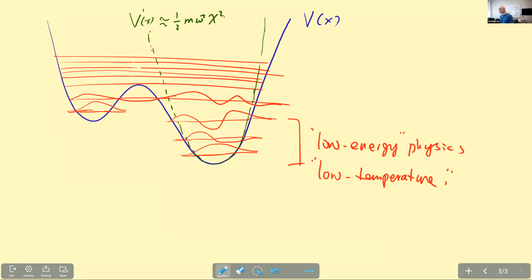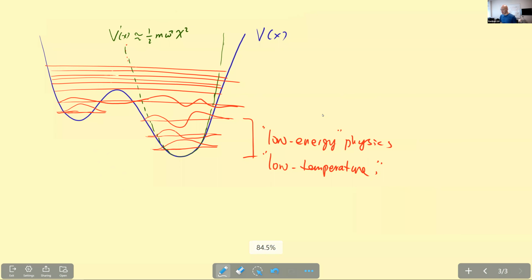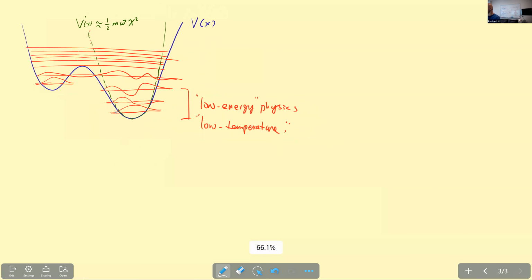Okay. The reason behind this is that if you have a potential, and you look at the low energy physics, you always look at the motion close to the equilibrium point, right?